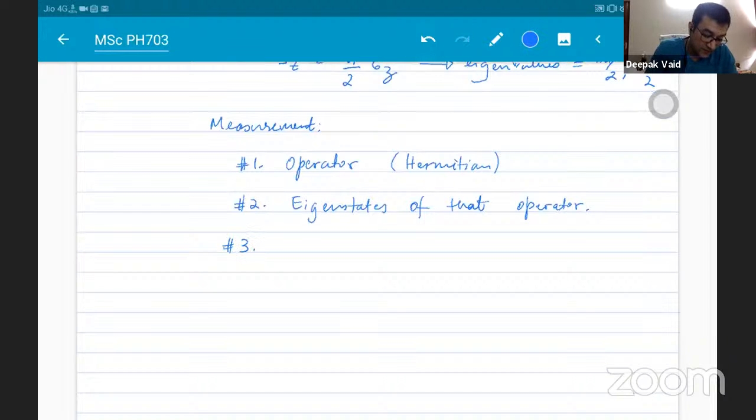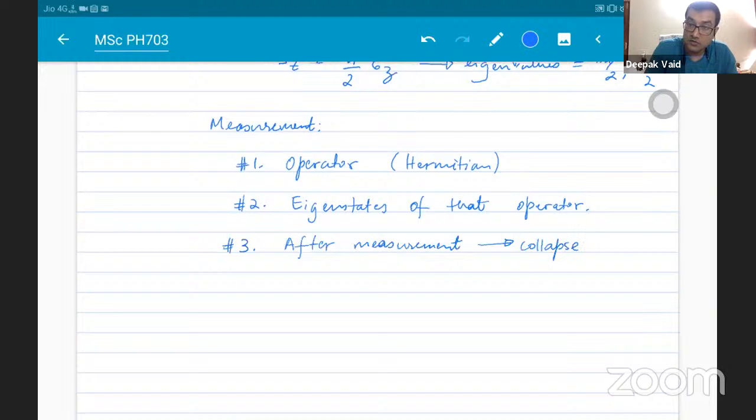What happens after measurement is collapse. What does the state collapse into? The state collapses into one of the eigenstates of this operator.